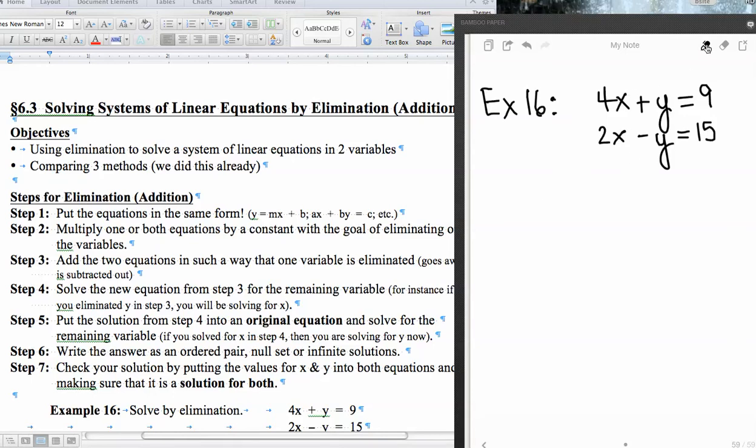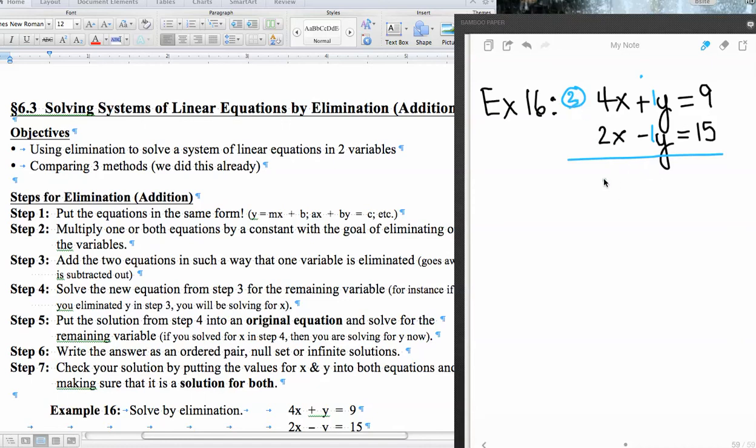Example number 16. Now example number 16 is pretty nice because you see that the y here is positive 1 and the y here is negative 1. So all I have to do with this system is just add these two together. So there is no step 1 or 2. There's just a step 3, which is to add them together.